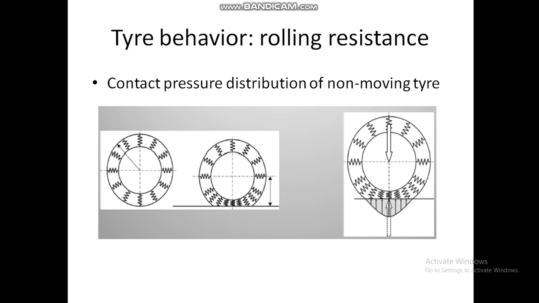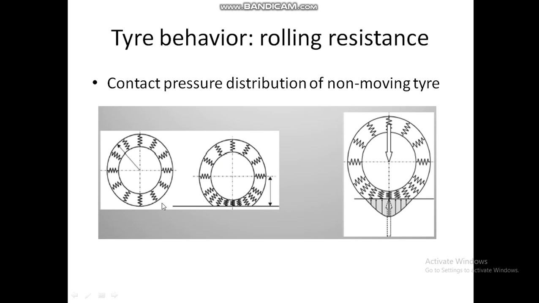Next we discuss tire behavior. In tire behavior, the first and most important factor is rolling resistance. Let's see the diagram: contact pressure distribution of a non-moving tire. This is a free tire, free from the earth surface. This is a loaded tire on the earth surface.